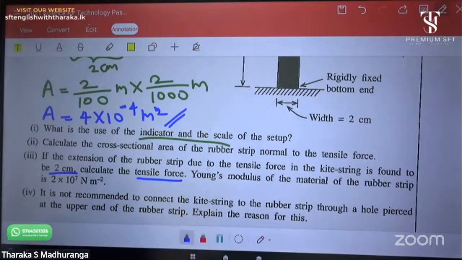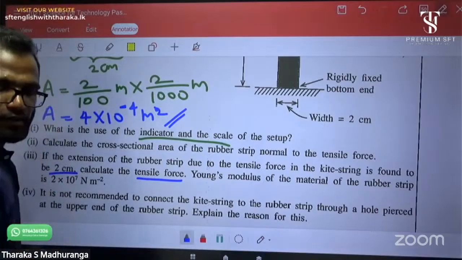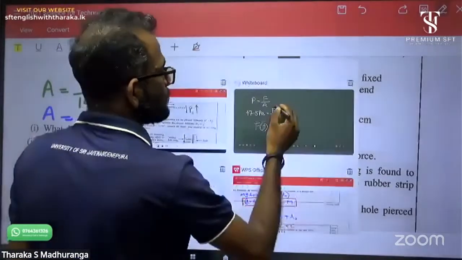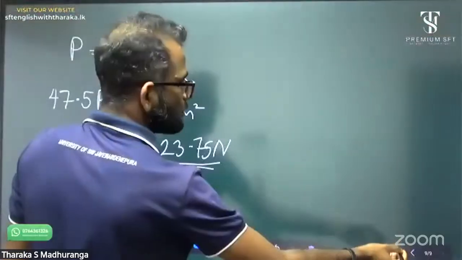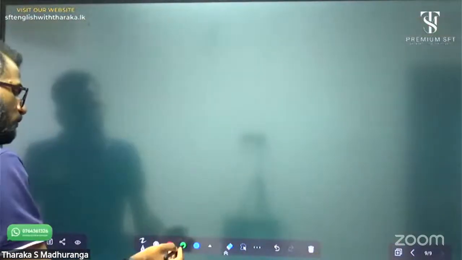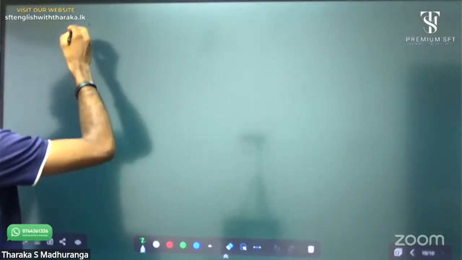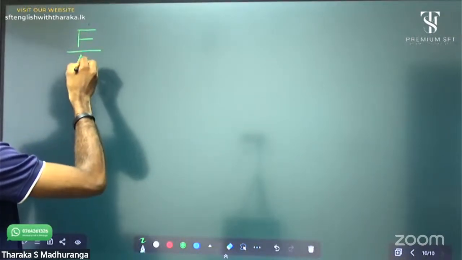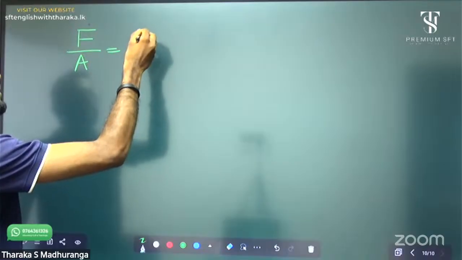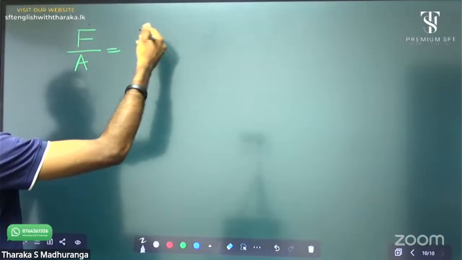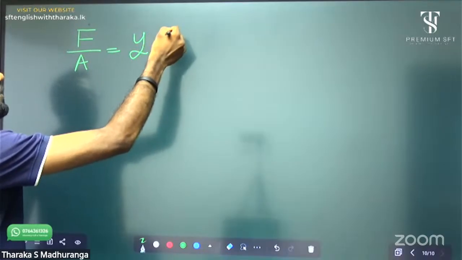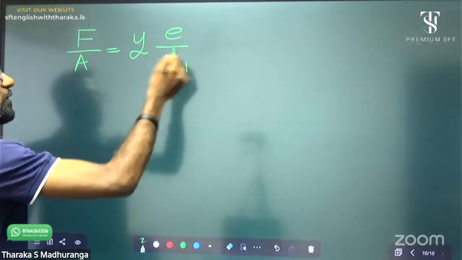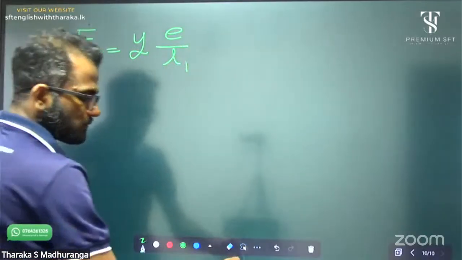The Young's modulus of the material of the rubber is given. It's a good question, a real experiment question. Previously we discussed the experiment. Now you already know F over A equals Young's modulus E times extension over L.